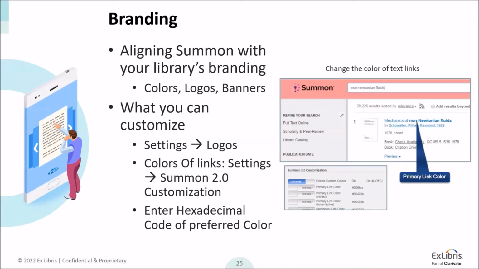But if you wanted to edit that to fit with your branding, you'll want to go into the Summon admin console under Summon 2.0 customizations. What you can see here, you'll enable custom colors, and you'll need to add in the hexadecimal code that you would like it to appear as. One thing I want to call out is you can easily do this.